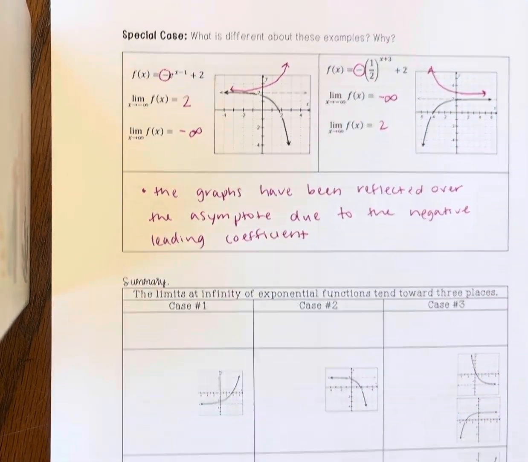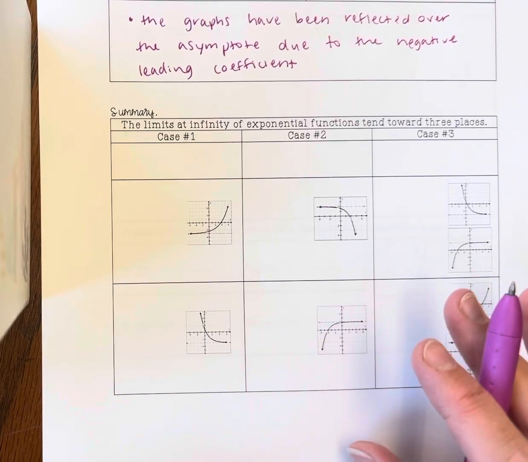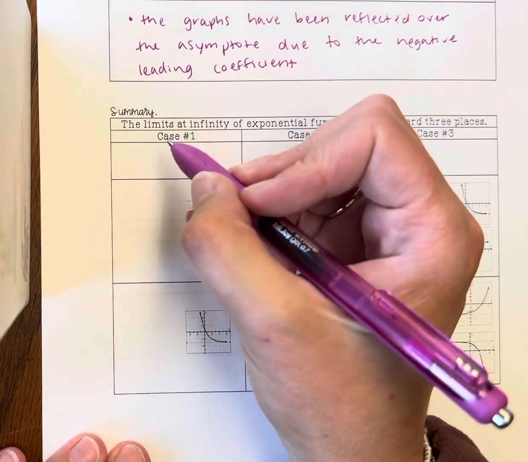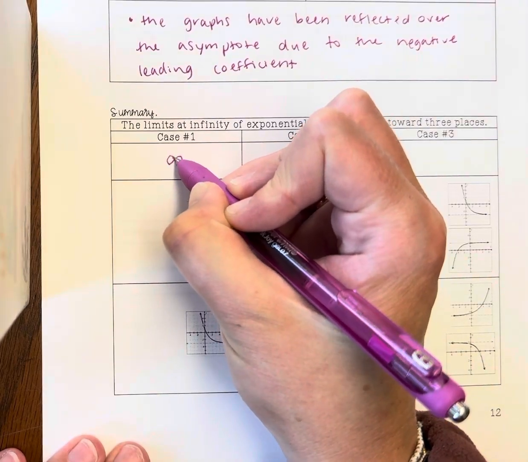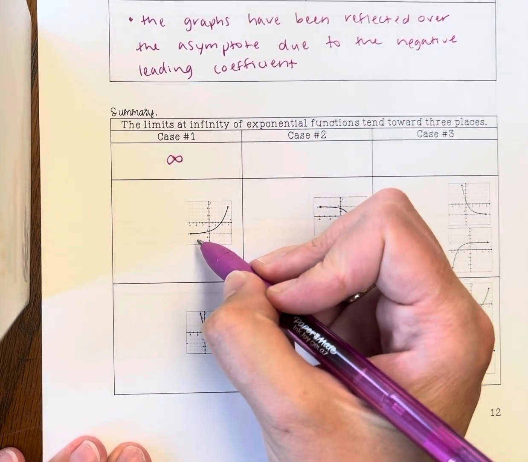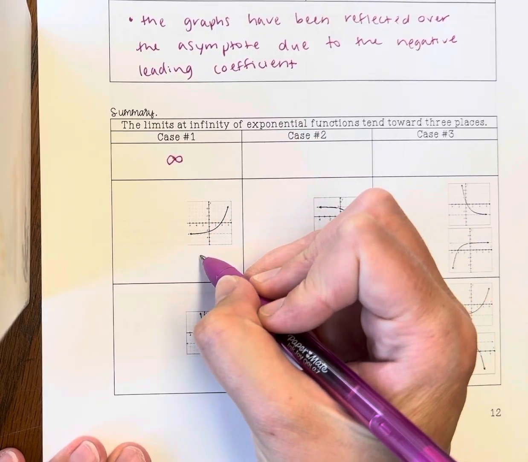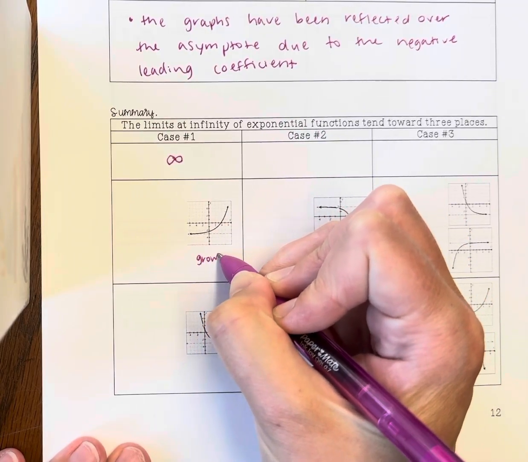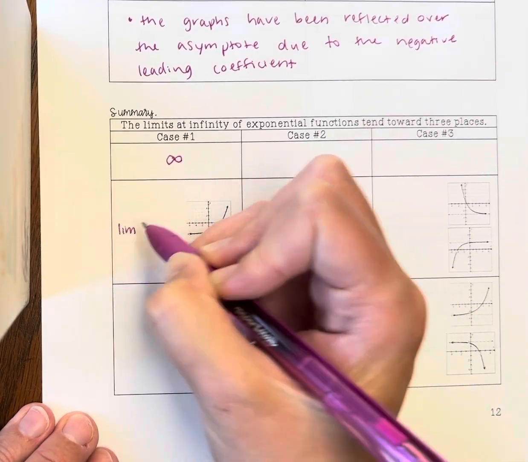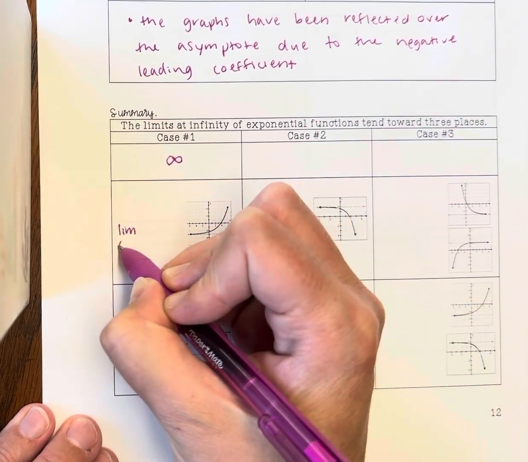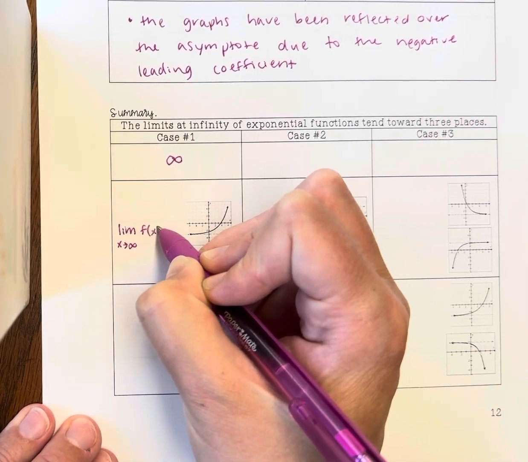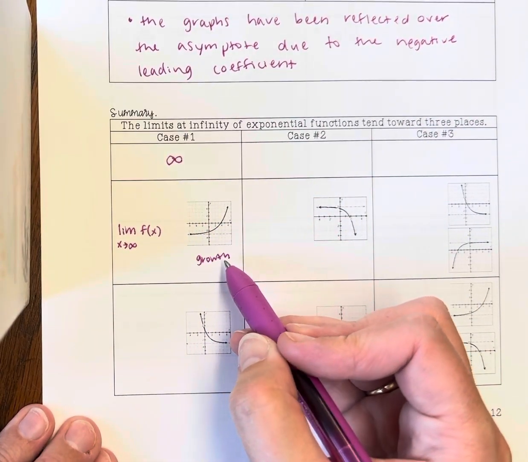All right, so the limits at infinity of exponential functions really can only tend towards 3 places. Option 1 is your answer might be infinity. So if you have an exponential growth graph and you're looking, let me write this. Say you're trying to do the limit as x approaches infinity of some function that happens to be exponential growth.